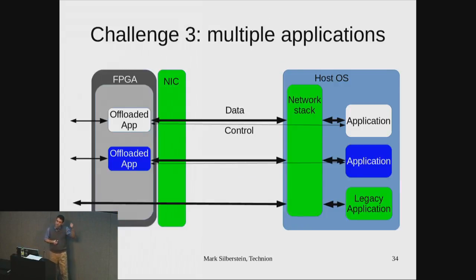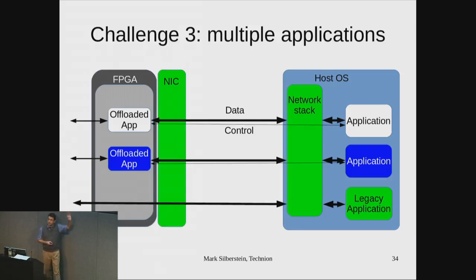But here comes the really interesting part, right? Usually your machine is not a single application accelerator, or a single application workload. You have a bunch of applications, a lot of processes, and suddenly when you want to allow general purpose acceleration and not infrastructure level acceleration, you really have to provide CPU-ish protection and isolation, not only on the CPU side, which is done by the operating system, but also inside the FPGA.